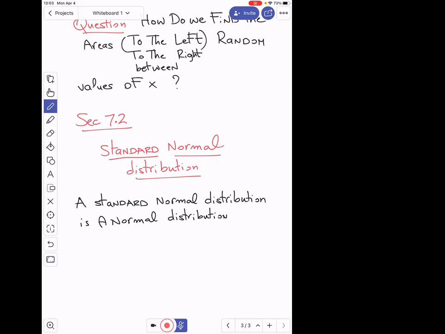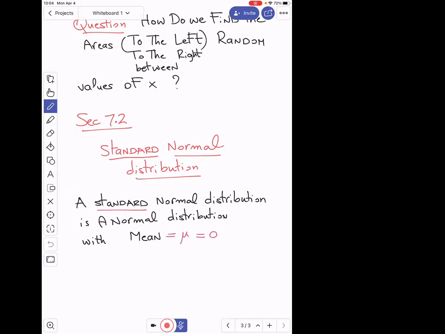But the thing is, in a standard normal distribution, the mean is equal to 0. So mu is equal to 0.